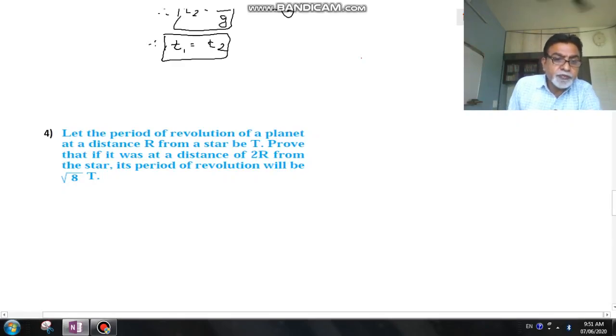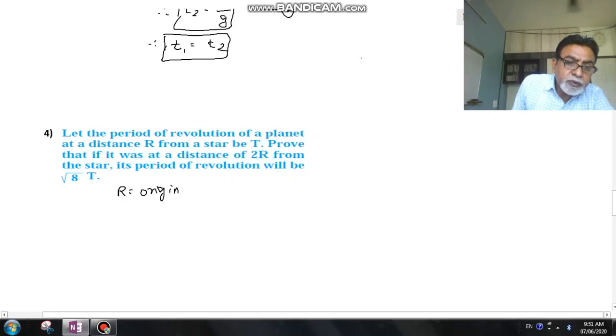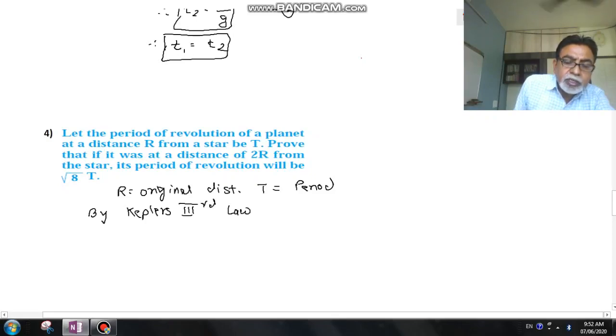So r is original distance, t is original period, and by Kepler's third law of planetary motion.